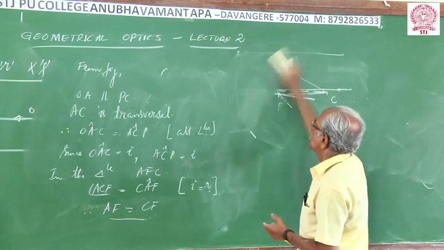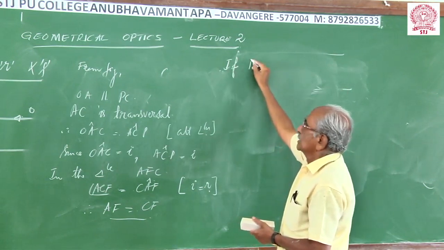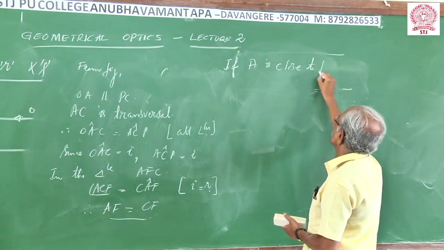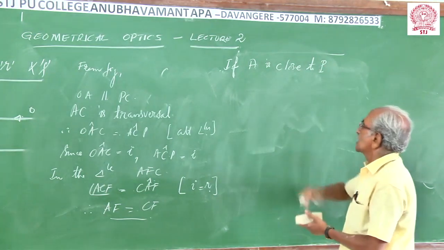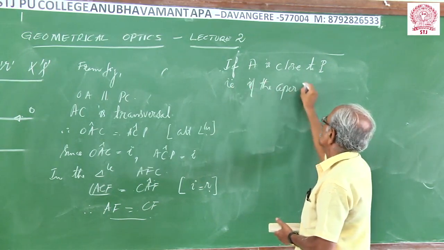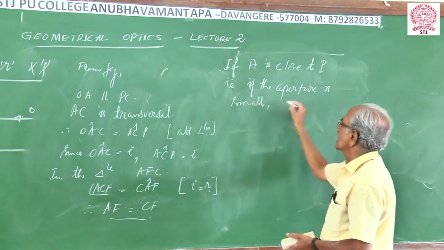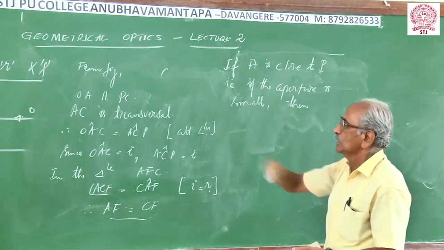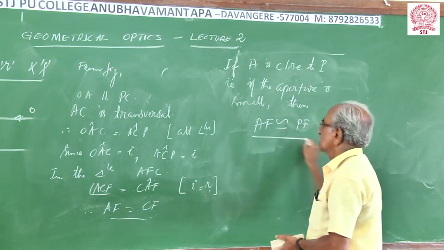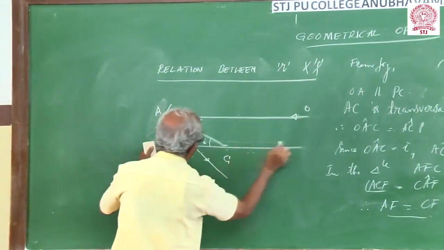So I make that assumption if and only if A is very close to P. It also means that if the aperture of the mirror is very small, then AF is almost equal to PF.